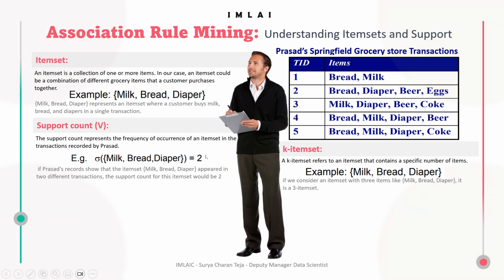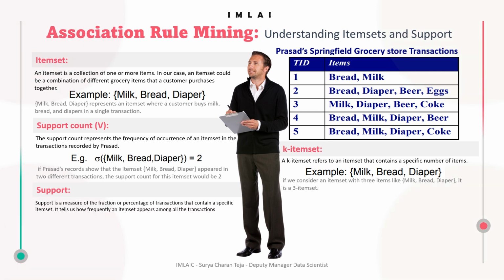So next, the most important term, which is support. Support is a measure of the fraction or percentage of transactions that contain a specific item set. It tells us how frequently an item set appears among all the transactions.